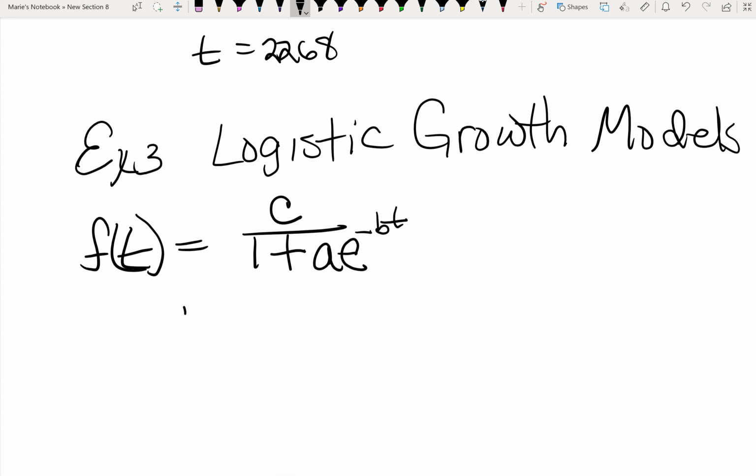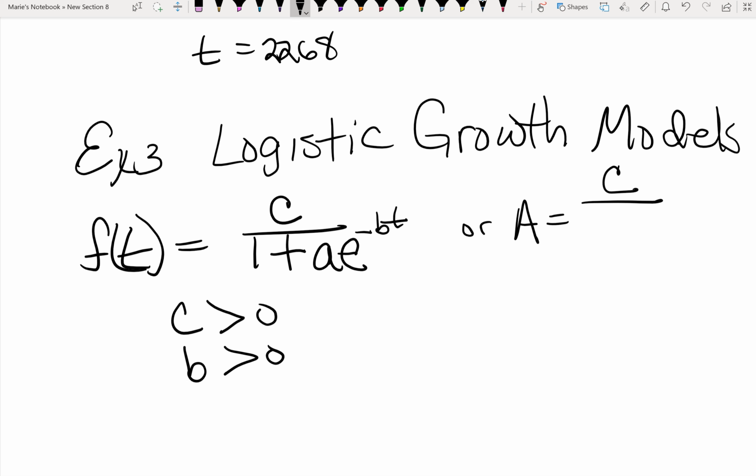In this case, c has to be greater than 0 and b has to be greater than 0, so they cannot be 0 and they cannot be negative. Or the same model, which is a equal to c over 1 plus a times e raised to the negative bt.